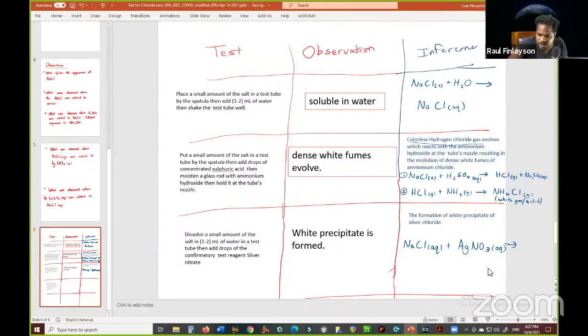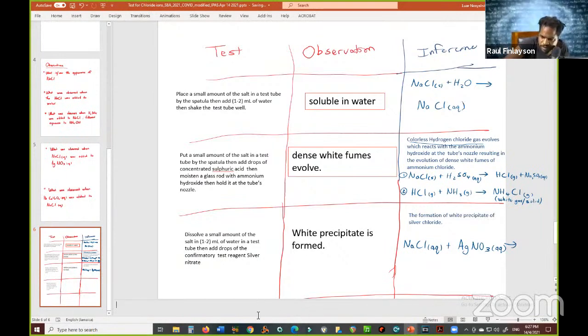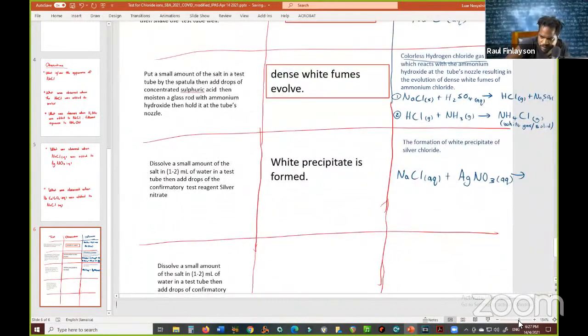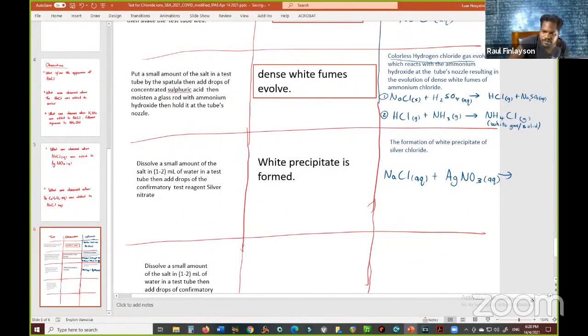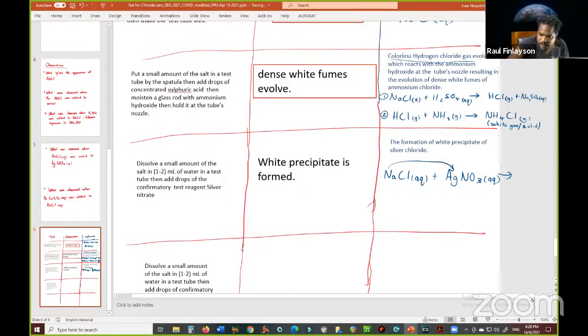We'll probably run out of space here, so let's finish it down here. Let's zoom in and see what happens. Yeah, we definitely need some more space there. All right, NaCl. Let's see what's going to happen. Same reaction here. The sodium part will be exchanged with the silver part.